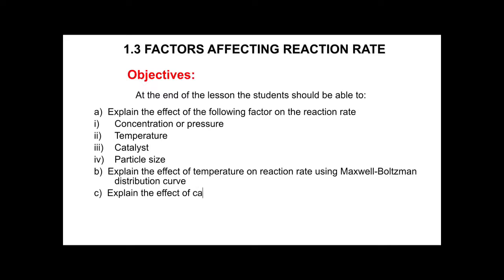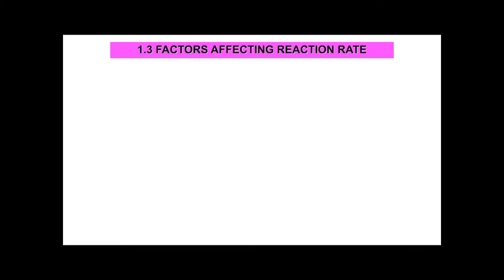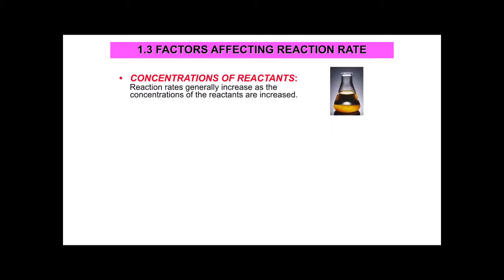B. Explain the effect of temperature on reaction rate using Maxwell-Boltzmann distribution curve. And C. Explain the effect of catalyst on activation energy using an energy profile diagram. In general, reaction rates increase as the concentrations of the reactants are increased.